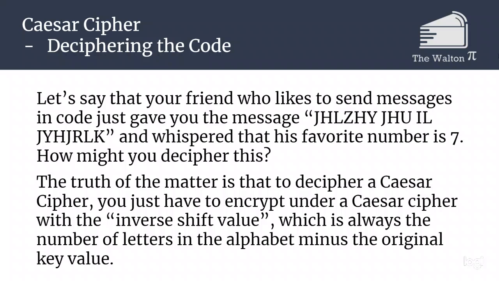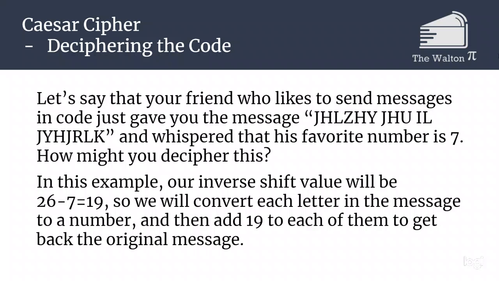So, if you're trying to decrypt something, you always have to find your inverse key, or your inverse shift value, which is going to be the number of letters in the alphabet minus your original key. So in English, there are 26 letters in the alphabet, so we do 26 minus 7 to get 19, which is going to be our inverse key. So we will then add 19 to every number in this message, and we will get our original message.